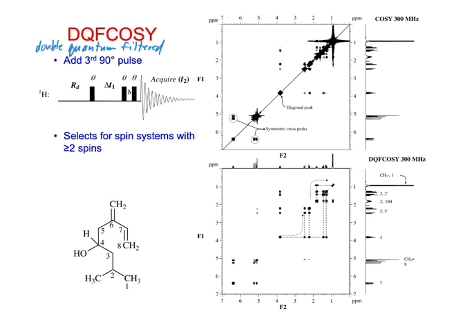So what this does is it suppresses the big singlets and the big tall signals involved in spin systems with two or fewer spins. So like if we had a CH and a methyl, it would suppress those. And it also minimizes the amount of signal along the diagonal.